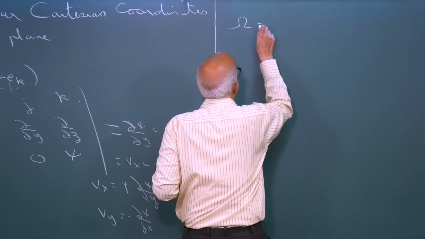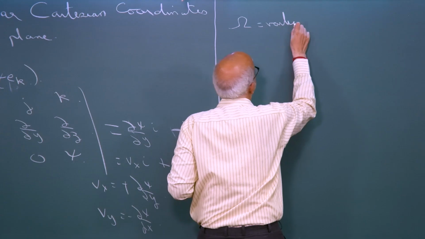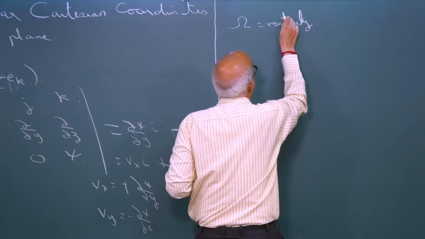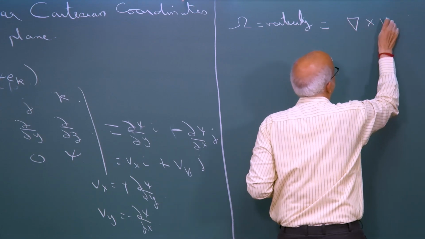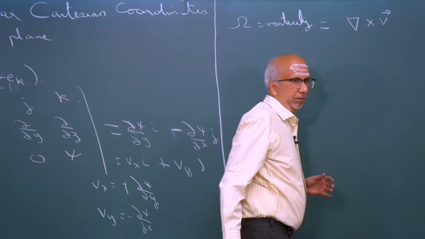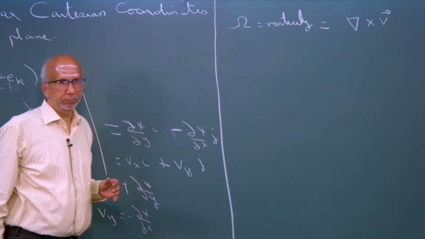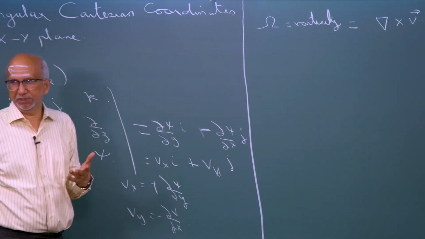So, now I want to look at omega, the vorticity. How is omega defined? It is defined as curl of v. Okay, that is the definition of vorticity.